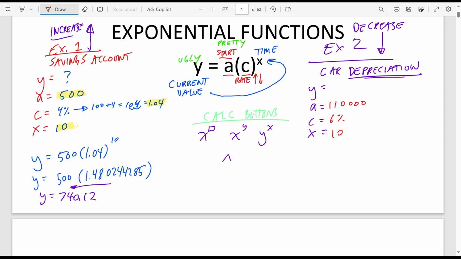So this 6% is now, let's take 100 minus 6, 94 is what I'd be left with, and then move the decimal 2 places so I get 0.94. So now I have a starting value, I have a rate of decrease, and I have time to plug in. And the one I'm looking for right here is going to be the Y value.